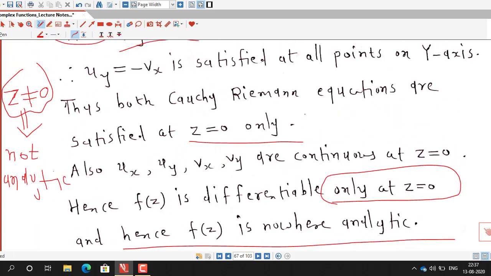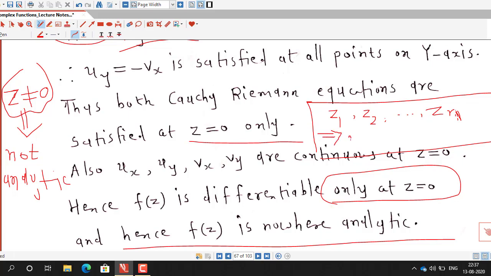Okay, and you can have this remark also: if function is differentiable at finite number of points, say z1, z2 up to zn, the function which is differentiable at only finite number of points is always nowhere analytic.